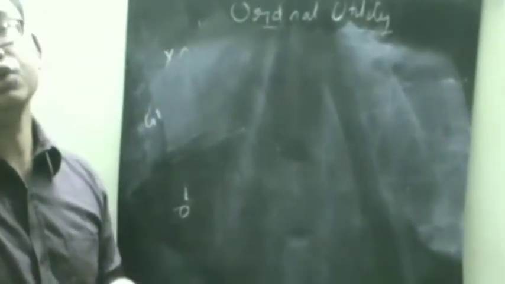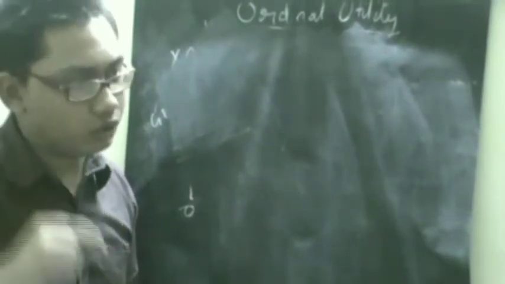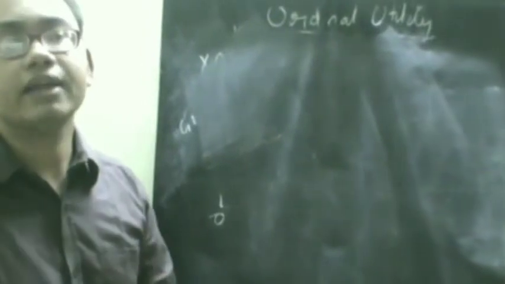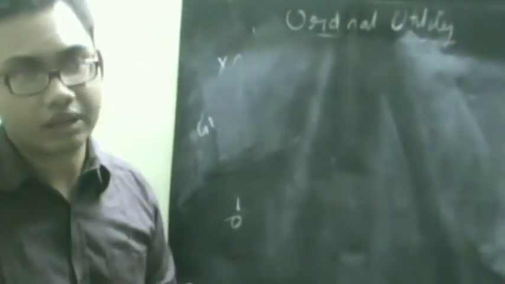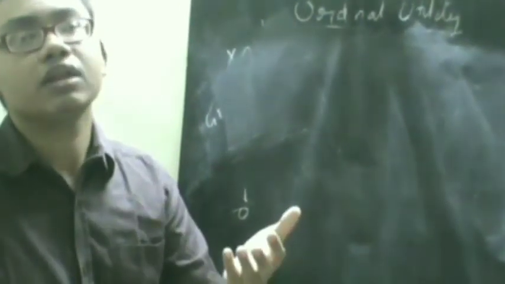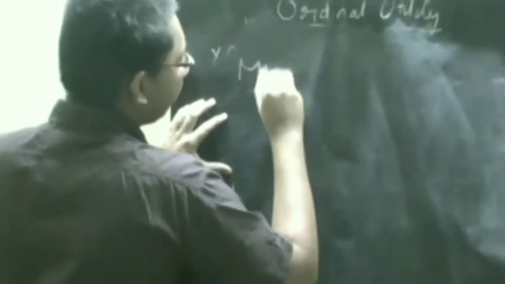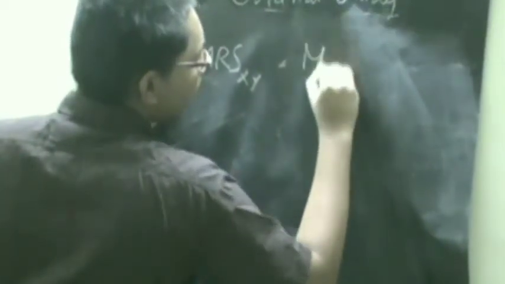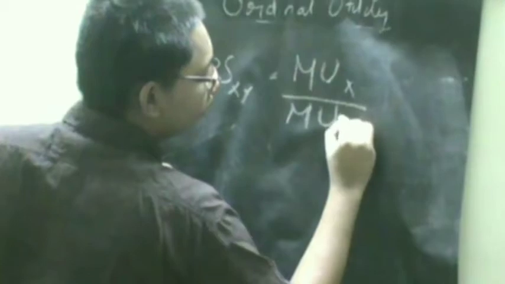See, if the consumer is willing to give up 4 units of Y in order to get 1 unit of X as per indifference curve approach, which will mean that the marginal utility which the consumer derives from this X is 4 times that he derives from Y. So, it can be expressed as MRS XY is equal to MUX by MUY.